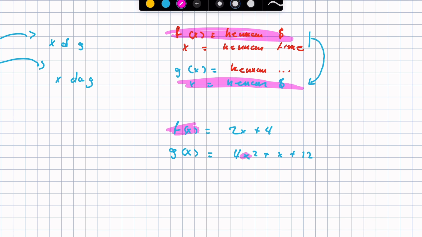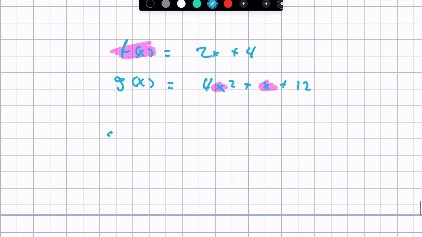So what you gotta do is you just remplace tout la fonction, because you know that the function is equal to 2x plus 4. So you put the 2x plus 4 on the x, okay? 2x plus 4 au carré plus 2x plus 4 plus 12. Okay? And that's all. That's the function of rond. Simple as that.